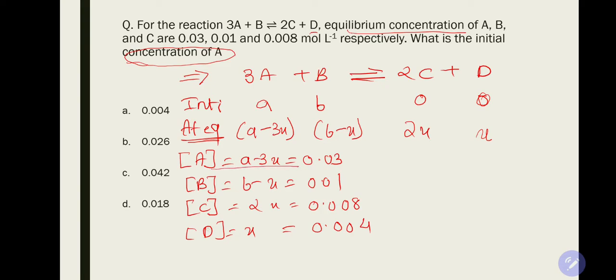Now let us substitute this in any one of the values, like let us take A. So a minus 3x is equal to 0.03.